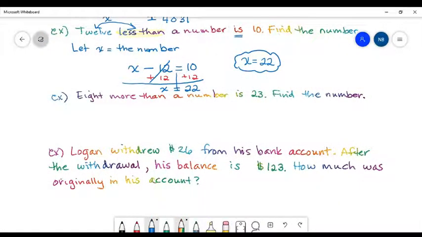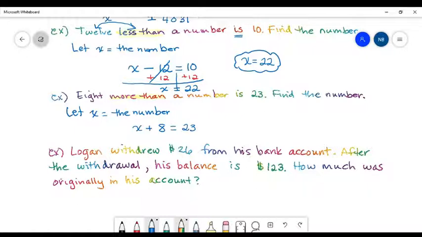The next problem says 8 more than a number. So here's this phrase, more than, so something's bigger than something else. More than tells us to add. So we're going to let X equal the number again. And this time we want X to be increased by 8. 8 more than the number is 23.